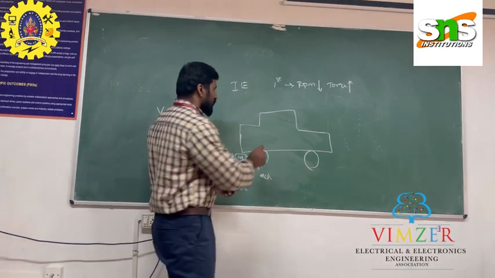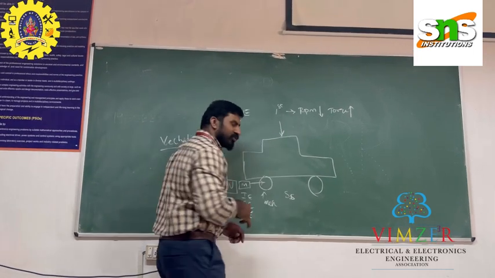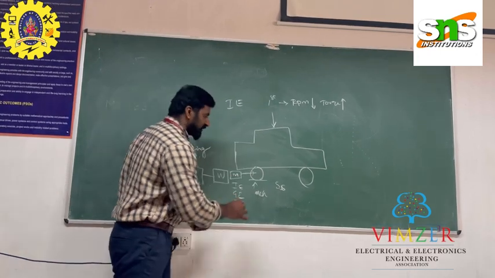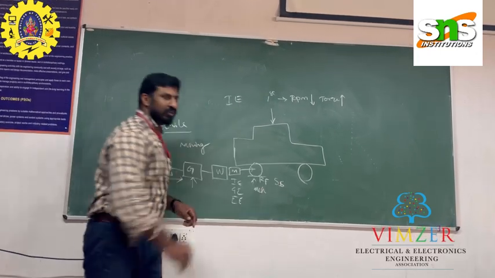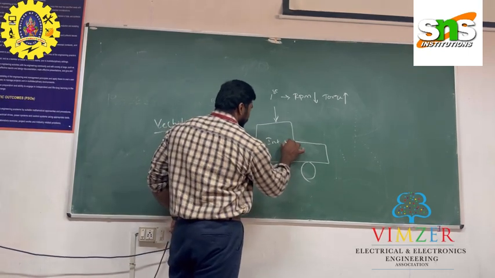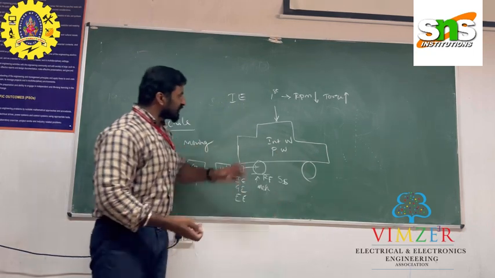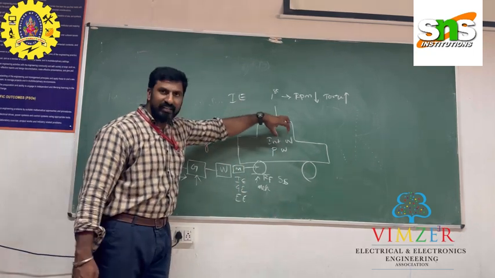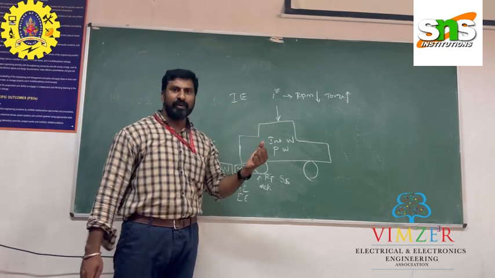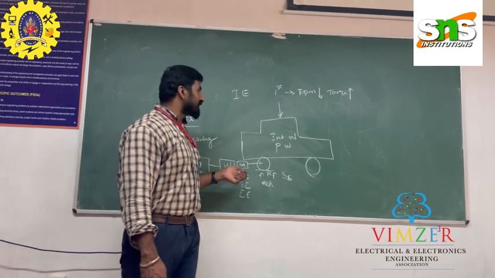For example, the gravitational force is applied to the vehicle, and the wheels have rolling forces, called RF. The vehicle also has its own weight and the passenger weight. Due to these different forces acting on the vehicle, we need to give very high torque with low RPM at the initial stage. That's why we use the gearing mechanism as the first gear.